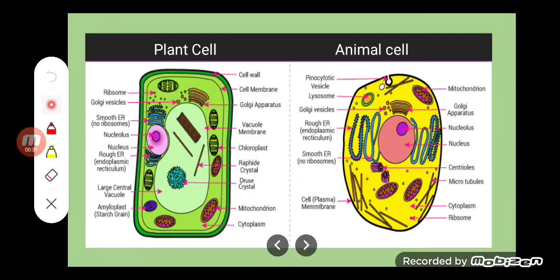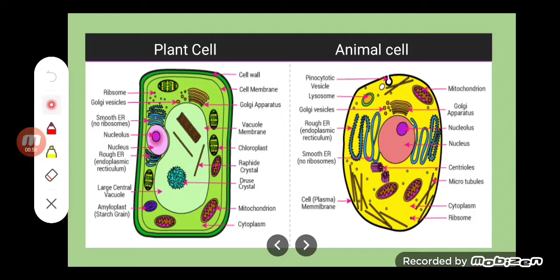They both have an outer membrane which is known as cell membrane or plasma membrane. And they both have a nucleus. The nucleus in animal cell is located at the center, whereas in plant cell it is at one side of the cell.